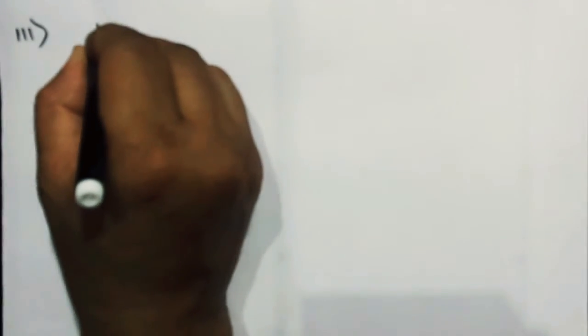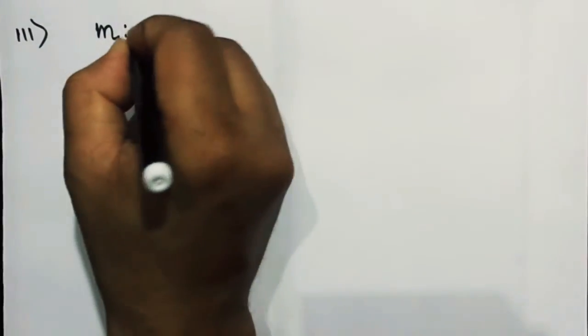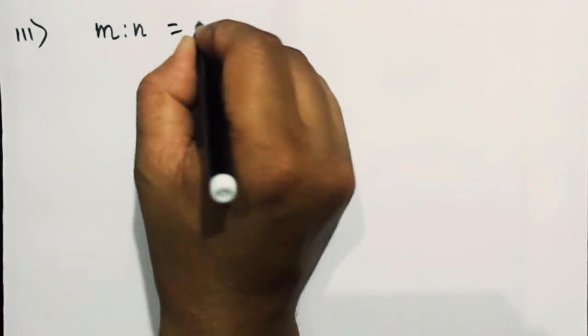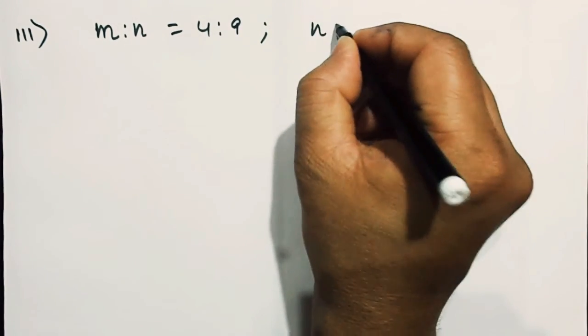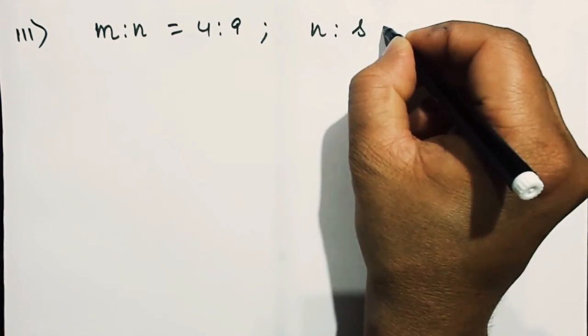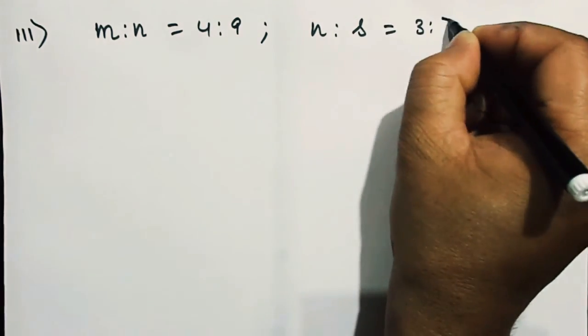Now a very small sum, number 3. In number 3, as I said, all these are of the same category. Sometimes they will give you a is to b, sometimes l is to m, m is to n. Here they have given you m is to n is equal to 4 is to 9 and n is to s is equal to 3 is to 7.